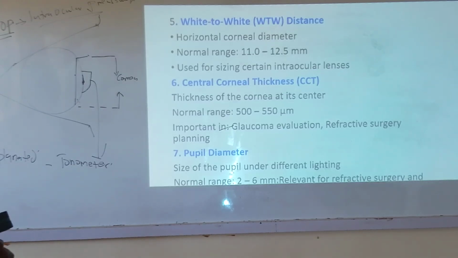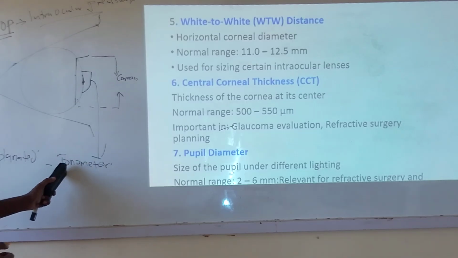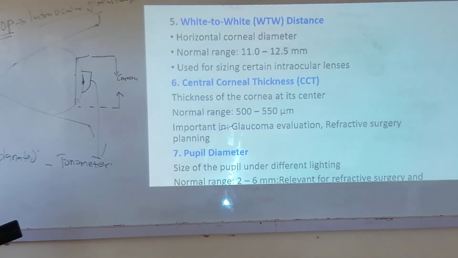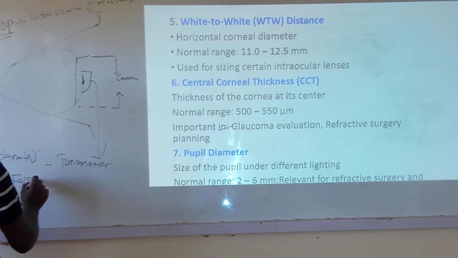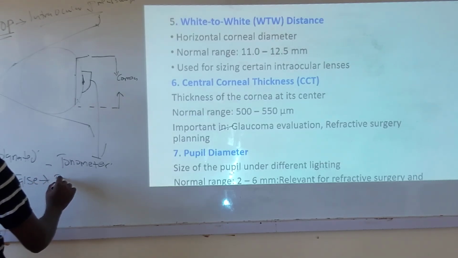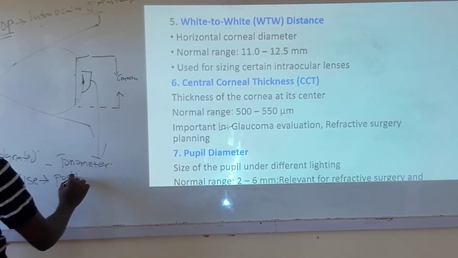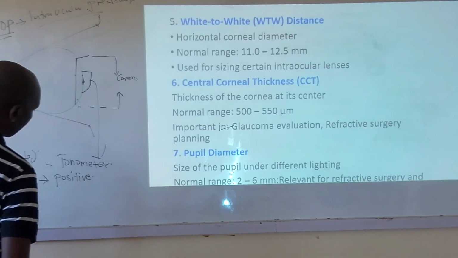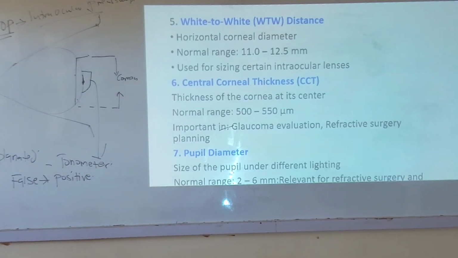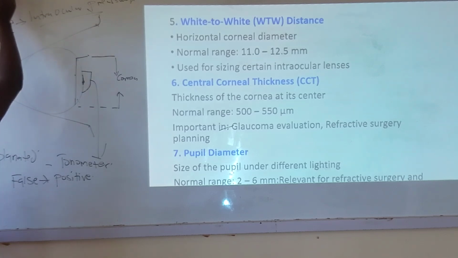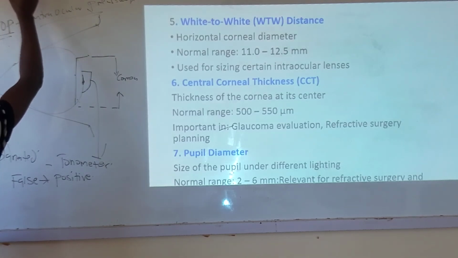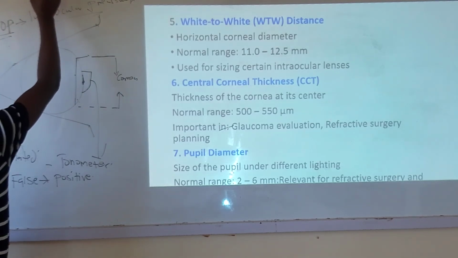If it is very thin, then the tonometer will just press easily, and therefore it can give a false positive. Means the pressures will be high, and remember the IOP normal range is 10 to 21 millimeters of mercury.